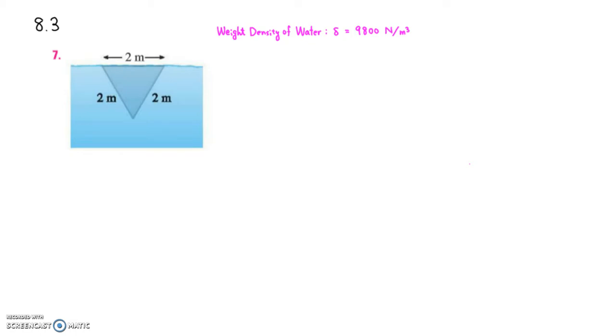First thing we're going to do is put the x-axis and the y-axis at a convenient location. I would probably put the x-axis right here and the y-axis right through the middle, somewhere around here.